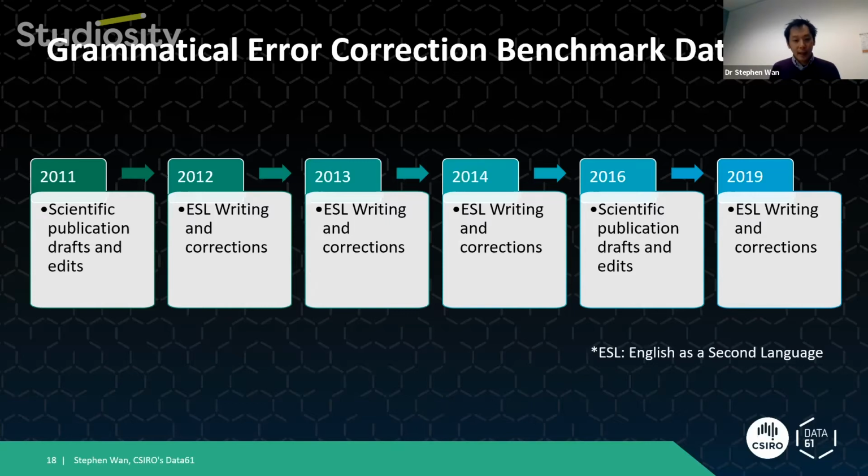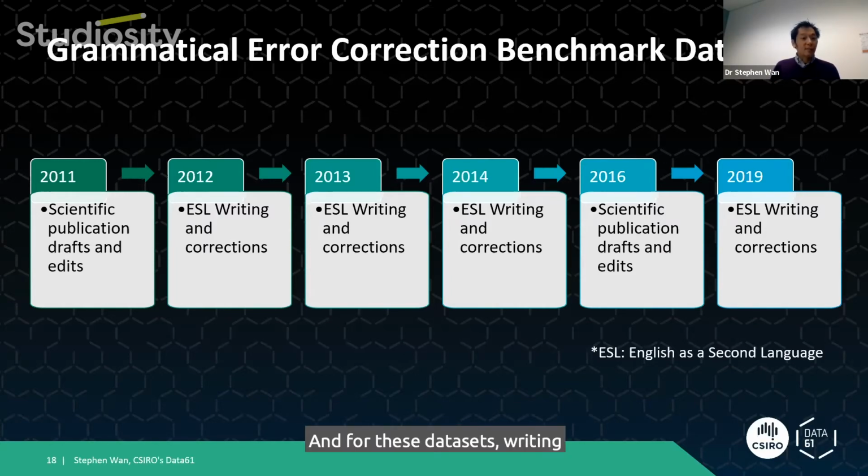So where do all these examples come from? Well, typically, they're either from publication venues for scientific writing, so either a conference or a publisher, where the corrections are made by copy editors, or else they come from English learning centers at universities. Often these centers have services that are designed for students for whom English is a second language, ESL students.